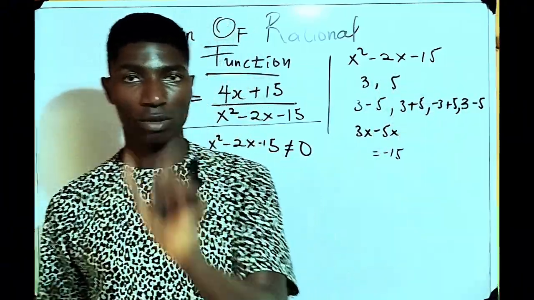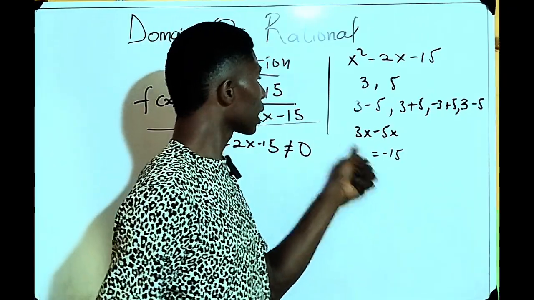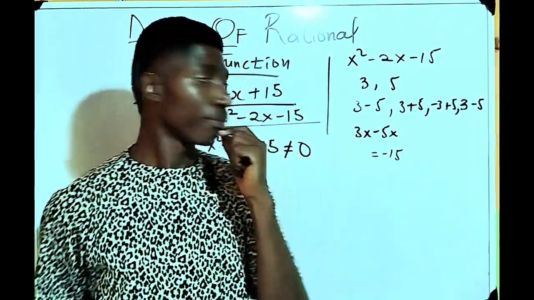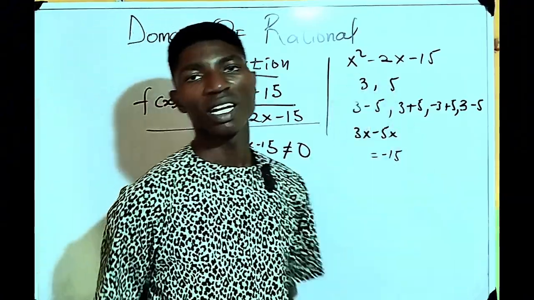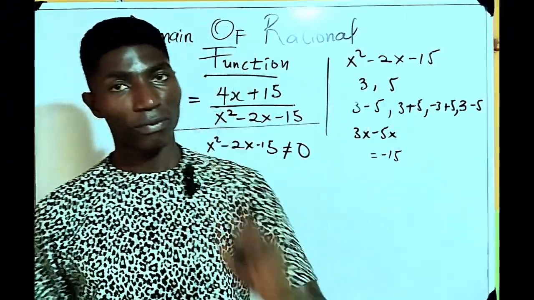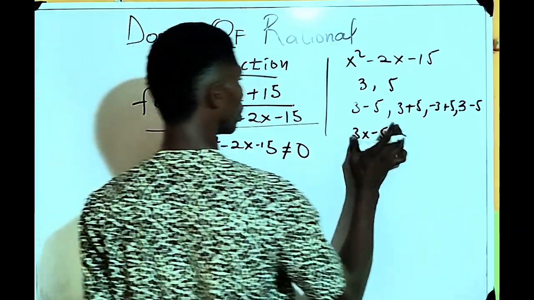And the factor that suits it is 3 and minus 5, because 3 minus 5 is minus 2, and 3 times minus 5 is minus 15. Hence, we're going to make use of this.